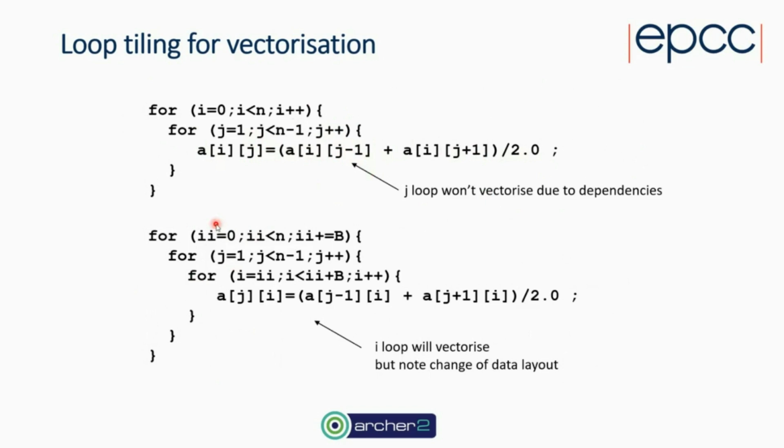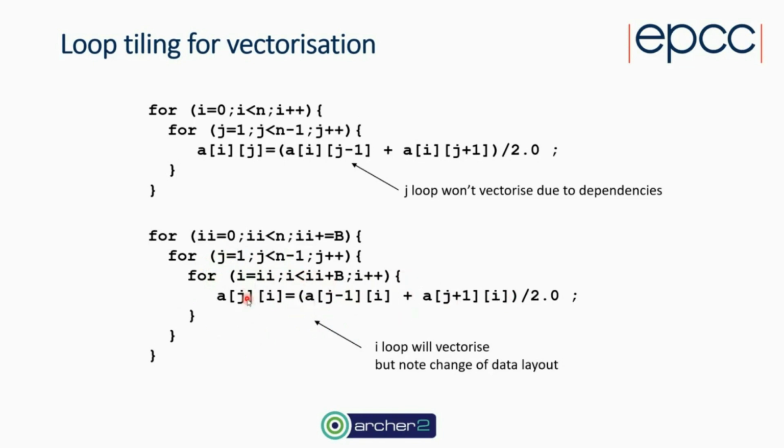But here what we've done is, okay, let's change the loop ordering. We've swapped our loop ordering around, and we've moved our J loop to a higher level to enable this to be vectorized.